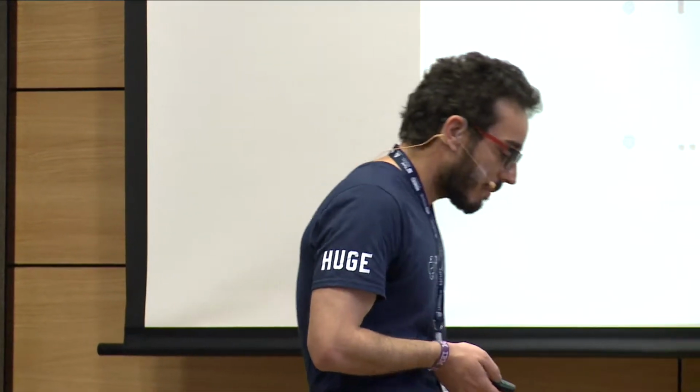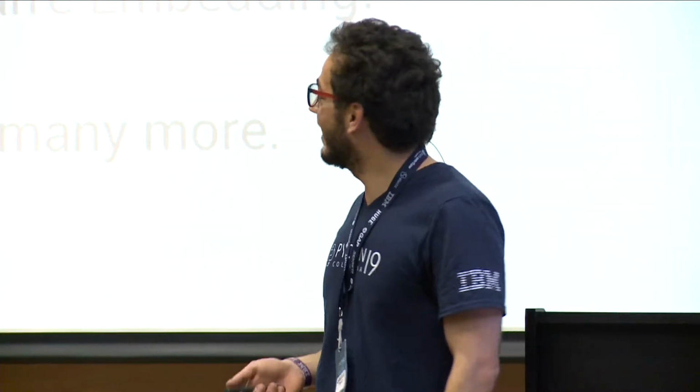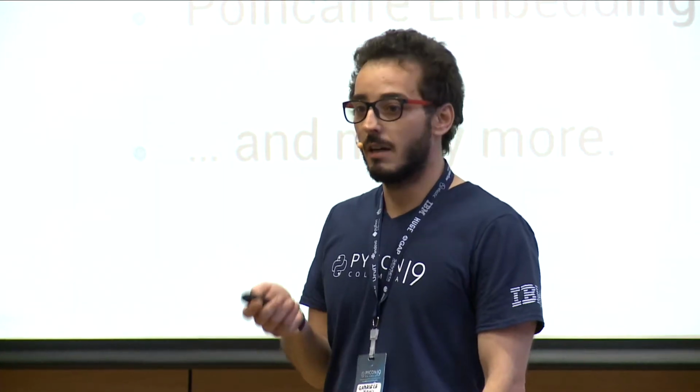Okay, that's apparently a very cool idea, but what's word embedding? Word embedding is basically a map of words, or more generally of entities, from a certain vocabulary to a restricted vector space.